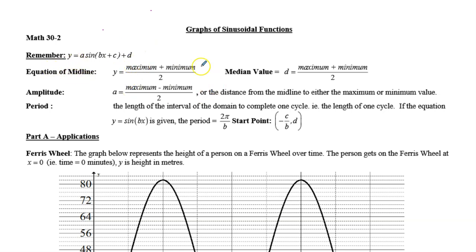So the midline is the average, the median value. Relating to this equation, the median value is d, which is max plus min over 2. If you want the equation of the midline, it's y equals that number. Otherwise, the median value d is that number.